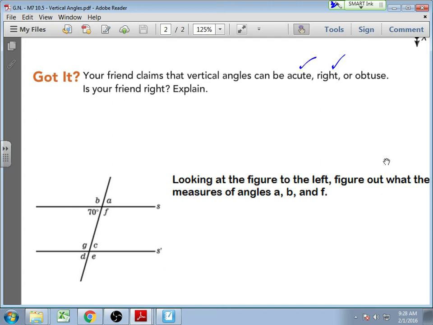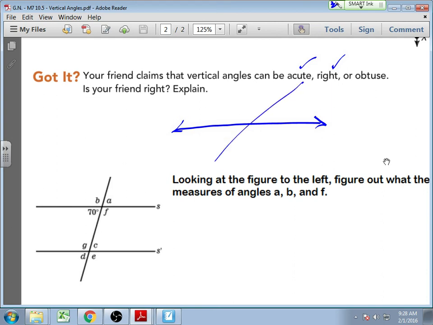Now if we wanted obtuse vertical angles, again, I can always start by just drawing a line. Now my second line has to intersect, but I need to make an obtuse angle, and when I make an obtuse angle I also make an acute angle.